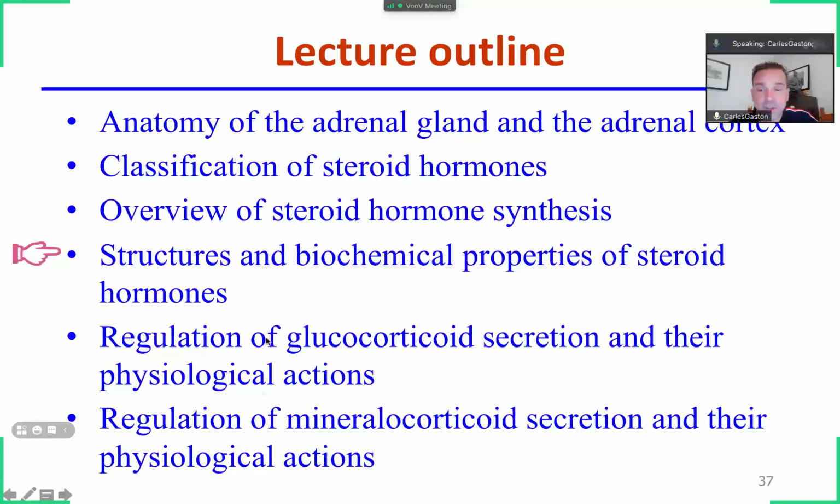This is the most important for you guys. And the regulation of mineralocorticoid secretion and their physiological action. The sexual steroids and androgens and estradiol, we will cover it in the part of the module of biological reproduction.